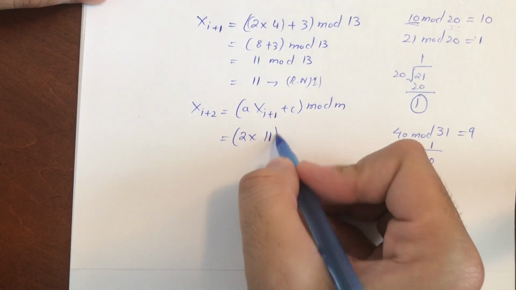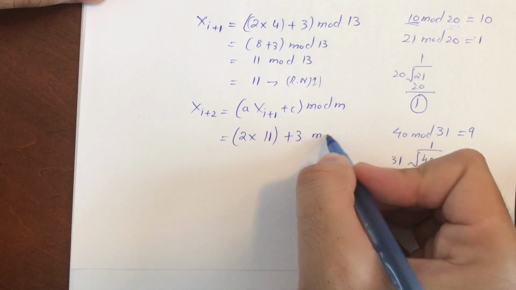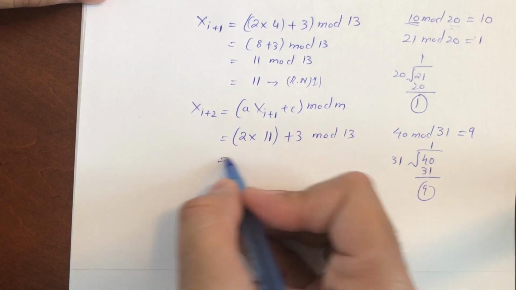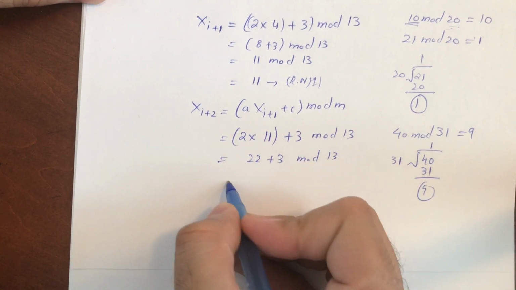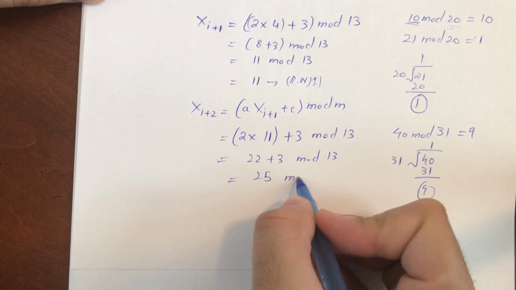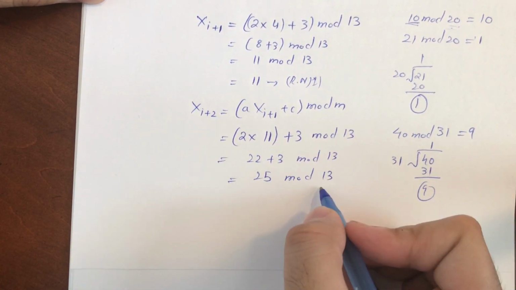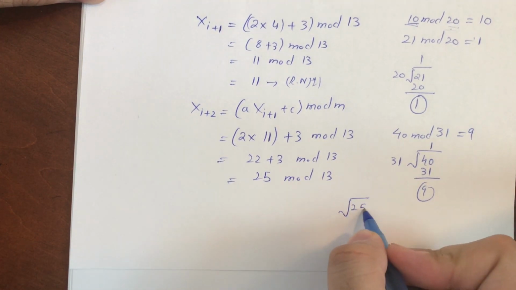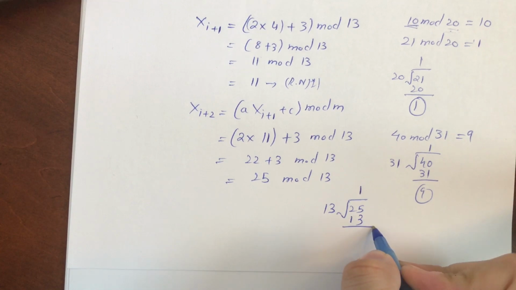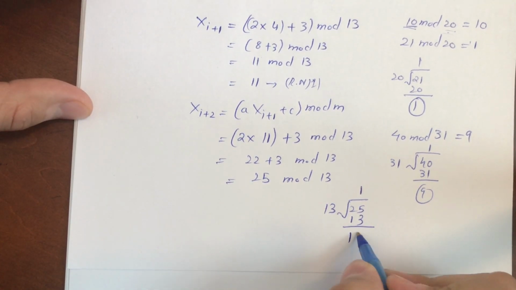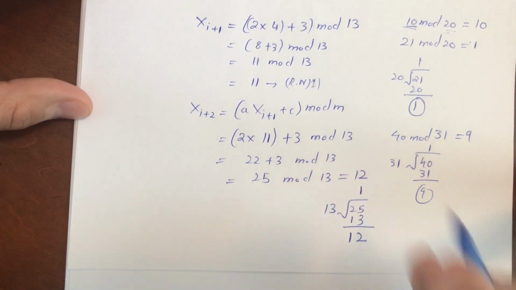11 plus 3 mod 13. So now 22 plus 3 mod 13, it will be 25 mod 13, which is bigger than 13. So 25 divided by 13 is 1 with remainder, and the answer is going to be 12. So 12 is the next random number.